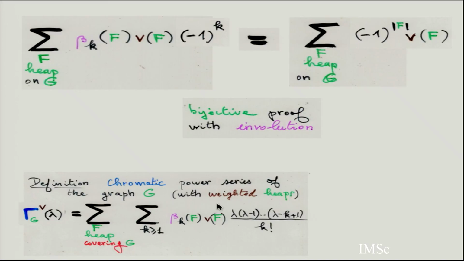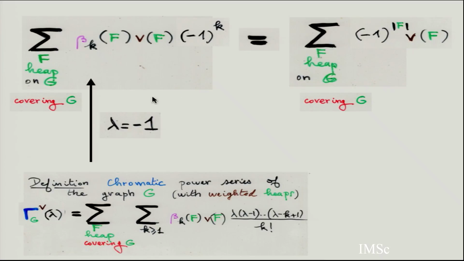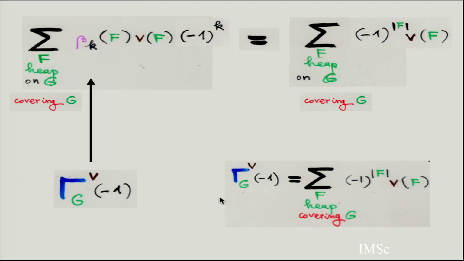And so I have defined this chromatic power series by the sum over all heaps covering G. So if I put lambda equal minus 1 in this generating function, I get exactly this. So the chromatic power series is equal to the sum over all heaps of minus 1.